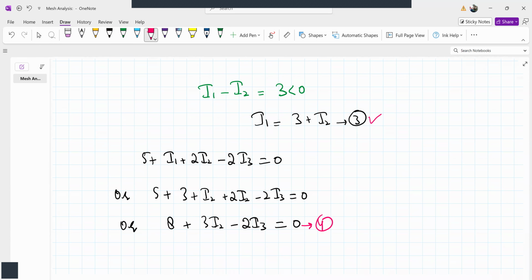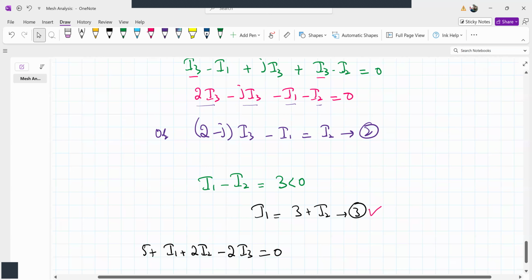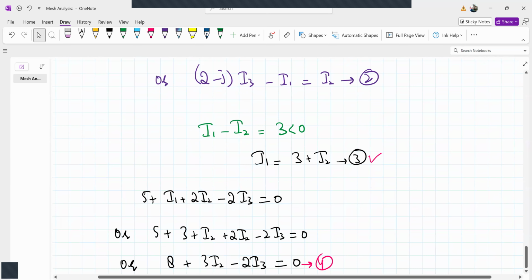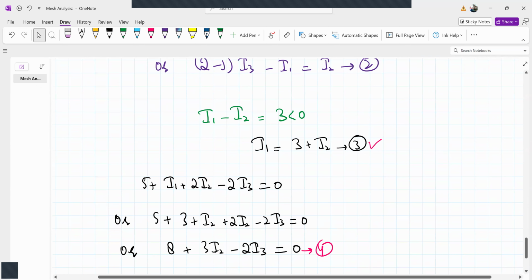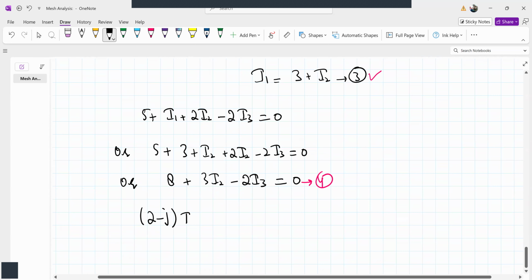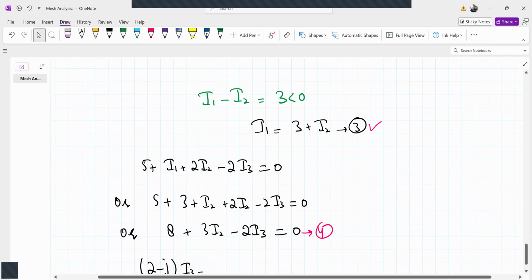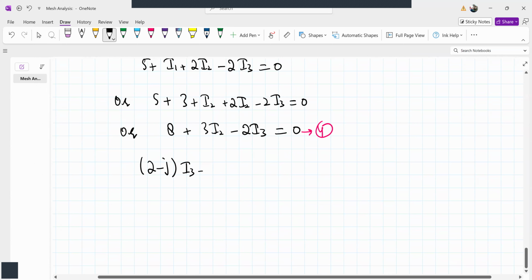Similarly, substituting equation 3 in equation 2. What is our equation 2? 2 minus J I3 minus I1 is equal to I2.